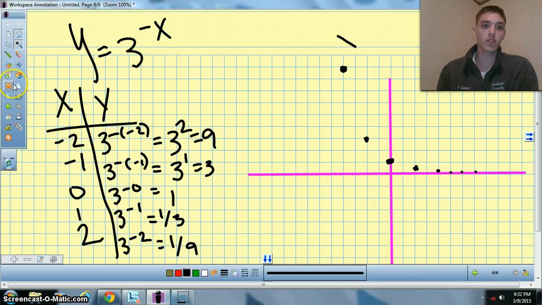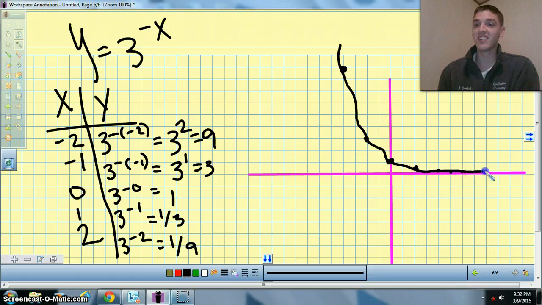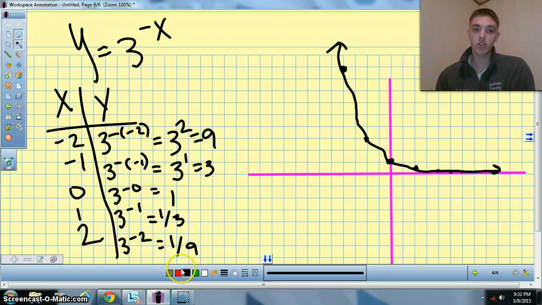And the graph maybe comes down through here. Now the graph's going to look a little smoother than my line, but I think you get the idea. Okay, if we were to draw the original graph on there, it looks something like this.